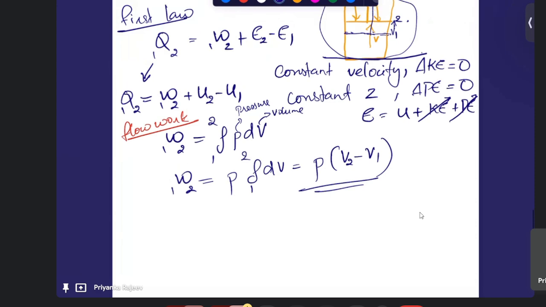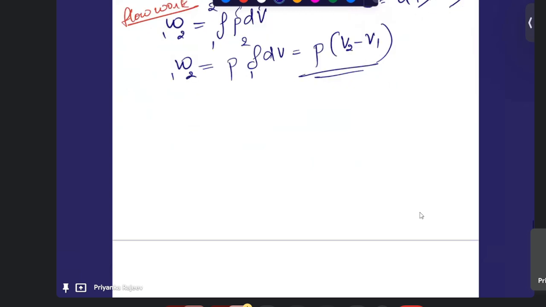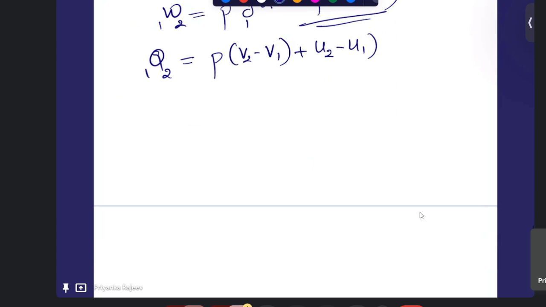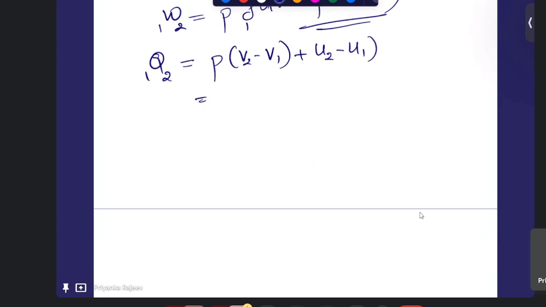The energy change is just the change in internal energy. So Q, heat from 1 to 2, is P(V2 minus V1) plus U2 minus U1, which is equal to PV2, just expanding the bracket terms, plus U2 minus U1.